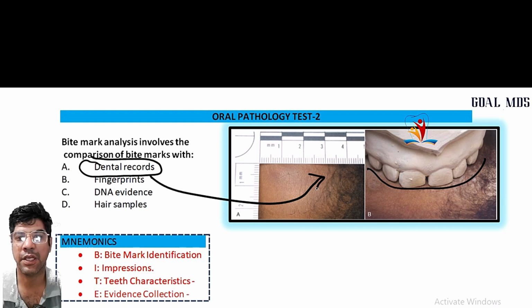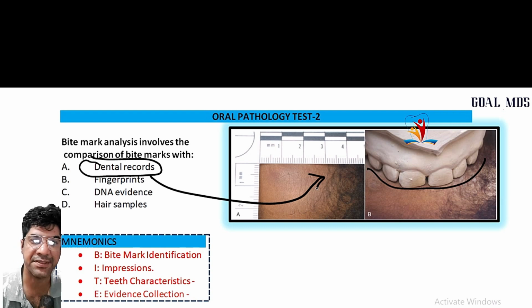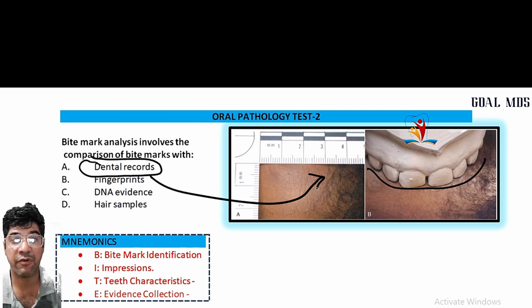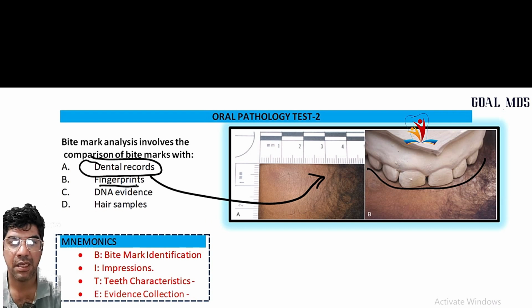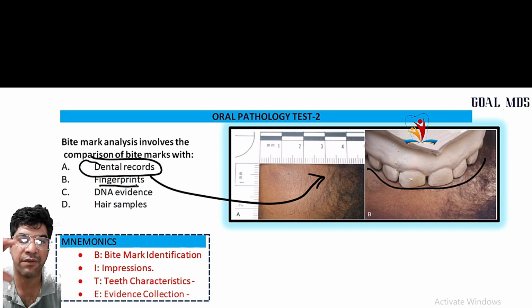The dental records, including the dental impressions, x-rays and treatment records, can provide detailed information about the person's dental characteristics. Second option is the fingerprints. Bite mark analysis is a distinct field from fingerprint analysis. Fingerprint analysis involves the study of the unique patterns and ridges on the skin surfaces, particularly on the fingers and the palm.